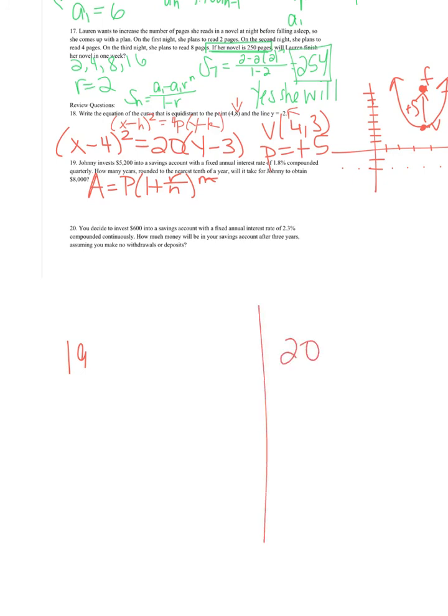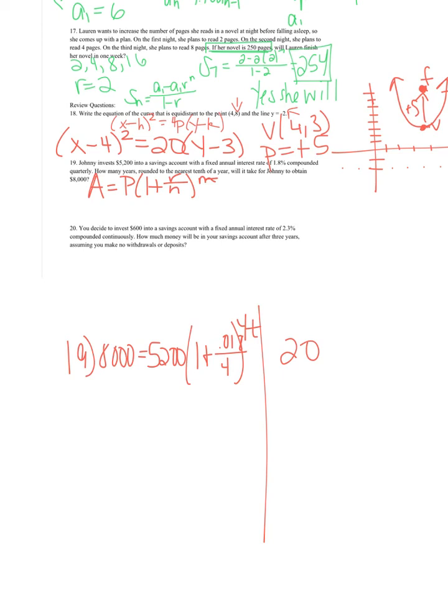So here, how long will it take for him to obtain $8,000? That's equal to his initial $5,200 times (1 plus the rate, 1.8, so this becomes 0.018, divided by 4, since compounded quarterly is 4 times a year), raised to the 4t.